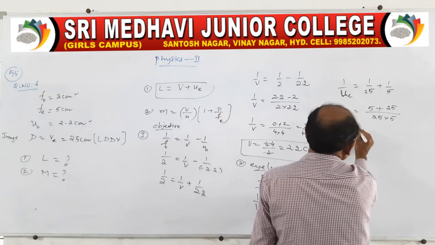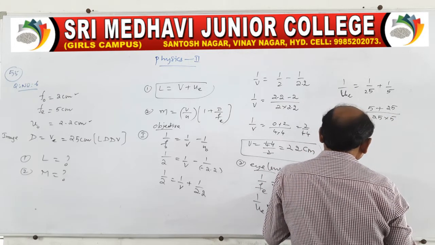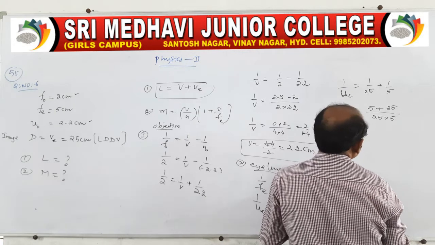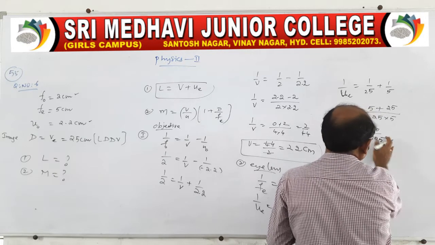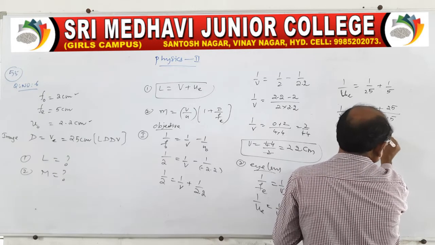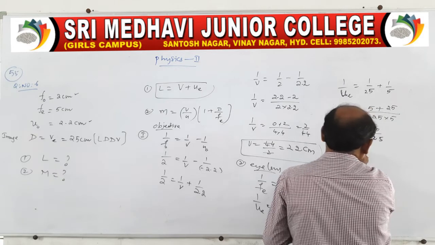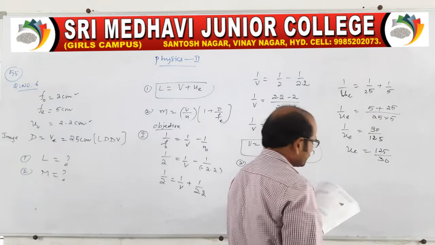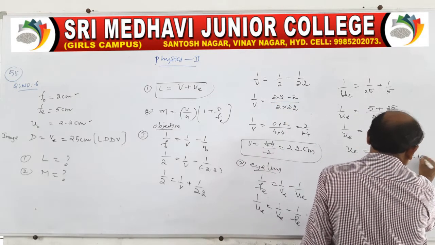So ue is equal to 30 by 125, since 5 5s are 25, 25, 5 2s are 10, and it is 125. So ue is equal to 125 by 30. Clear? Approximately, we may get 4.16 centimeter.